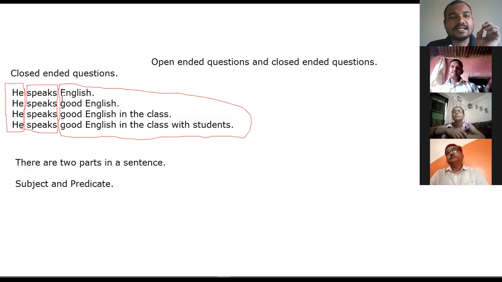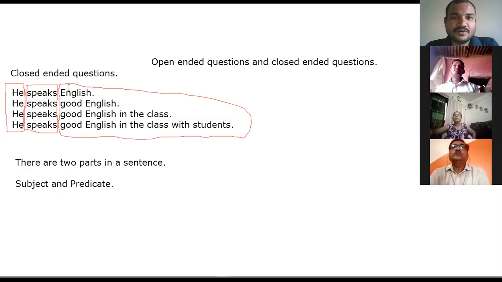So subject and predicate. What is the connection between the subject and predicate and closed-ended questions? Here, what is the subject? Gopalji, what is the subject here in these examples?